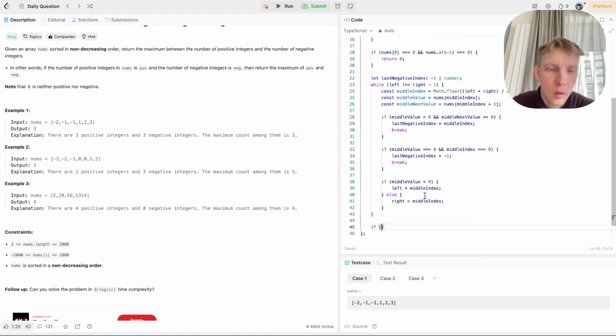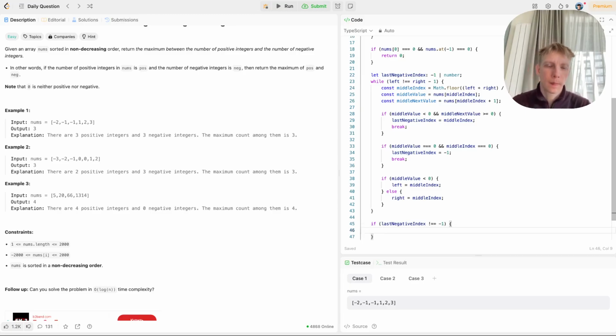Okay, now we know that if last negative index is not equal to minus 1, then we have two options. We have option where we only have 0 from the right.